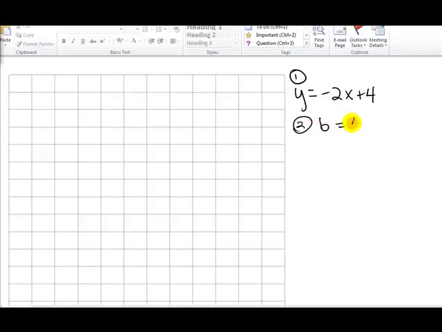The b is 4, and so that means that's where I'm going to begin. So let me go ahead and draw an axis here. Let's see, 1, 2, 3, 4, 5, 6, 7, 8, 9, 10, 11, 12. Let's try and get about here in the middle. And so see, this is my x.